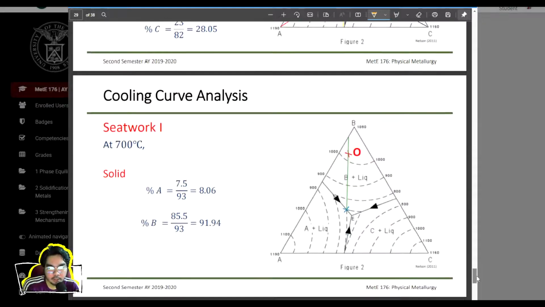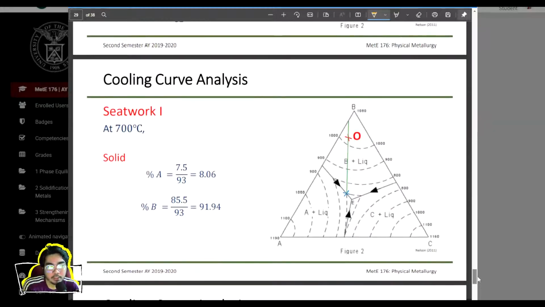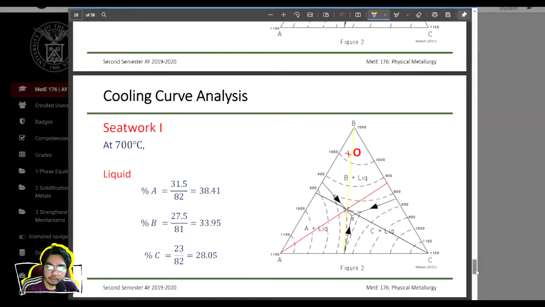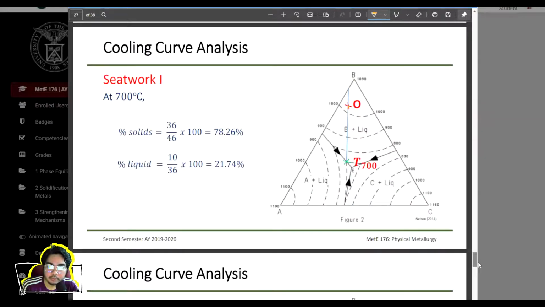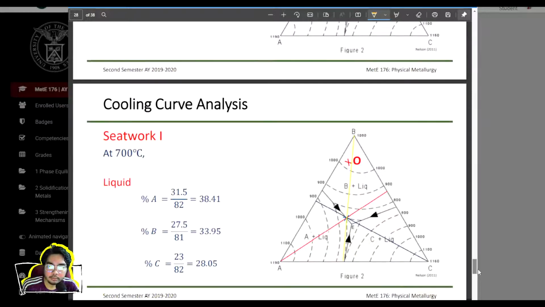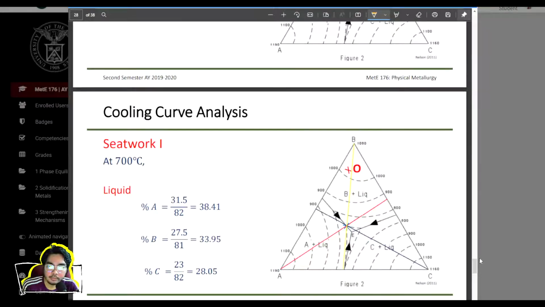So let's try to, wait lang class ah. Yep, it should be the same kung nag-gravity rule kayo or not.